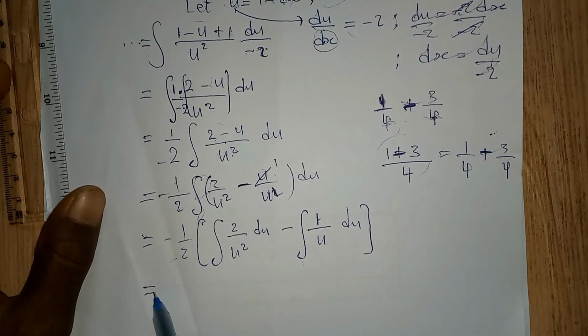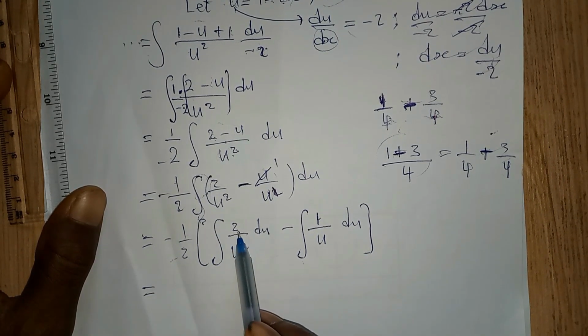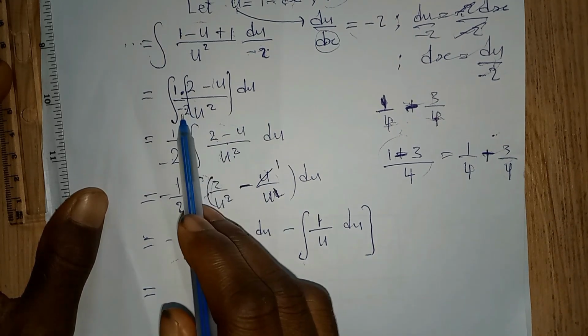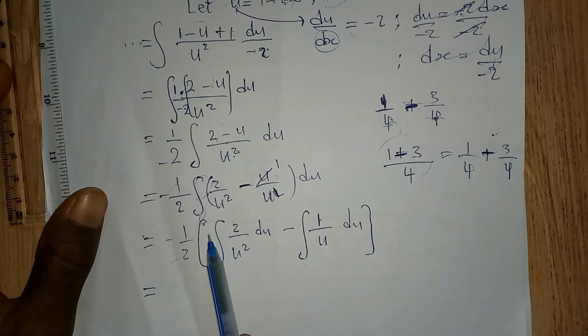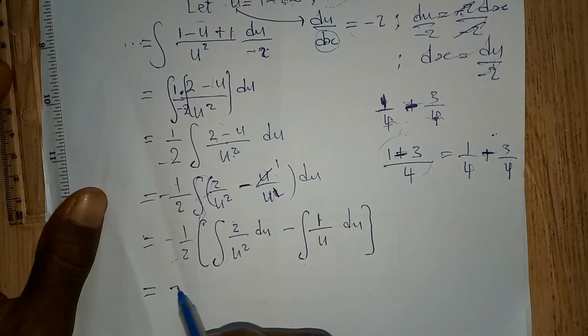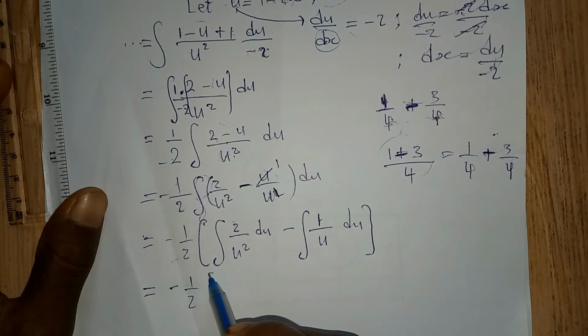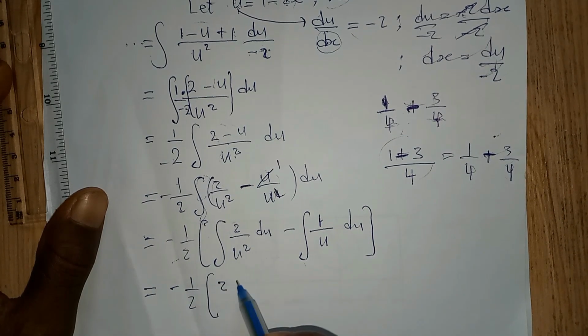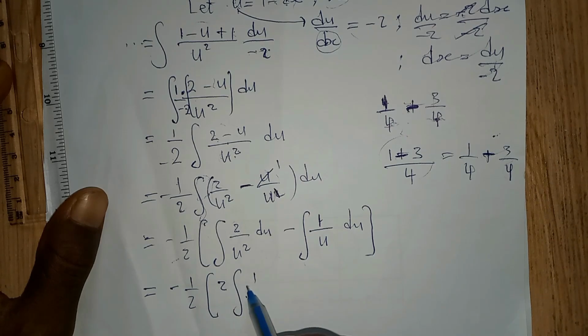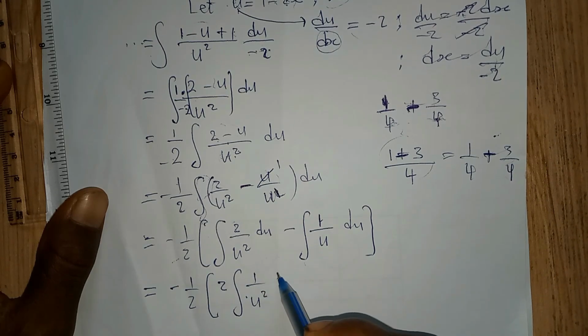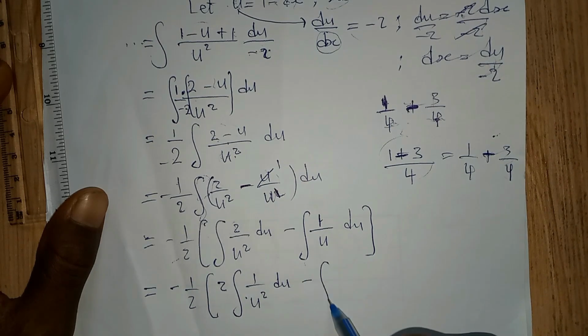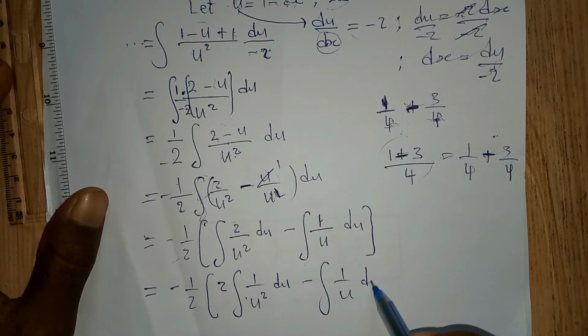This 2 is also a constant, like the rule I explained when I factored this out. So you now have minus half bracket 2 integral of 1 over u squared du minus integral of 1 over u du.